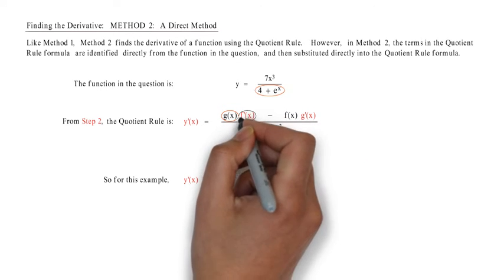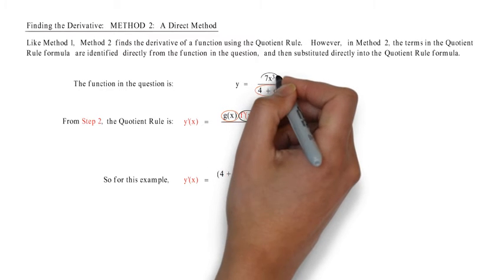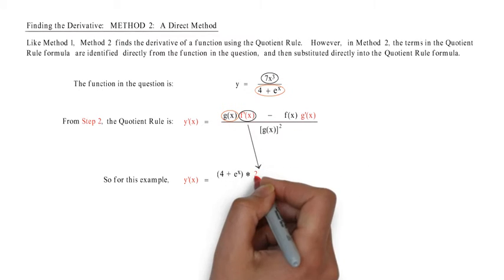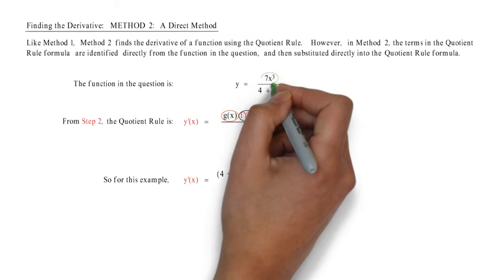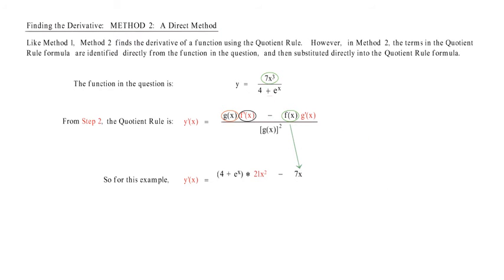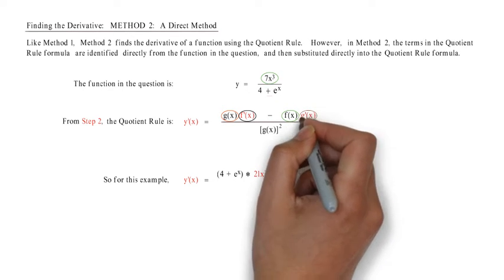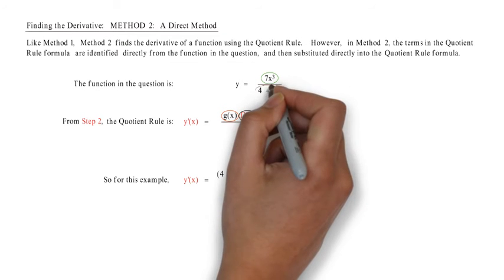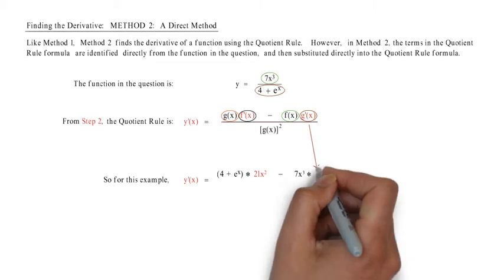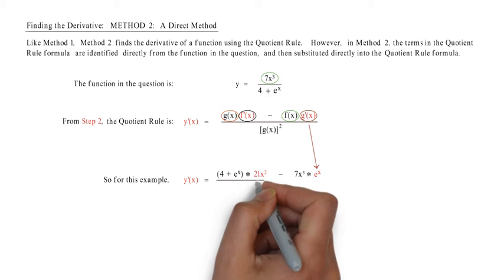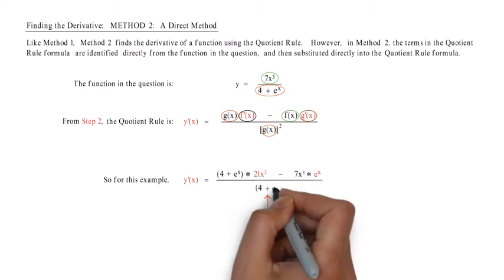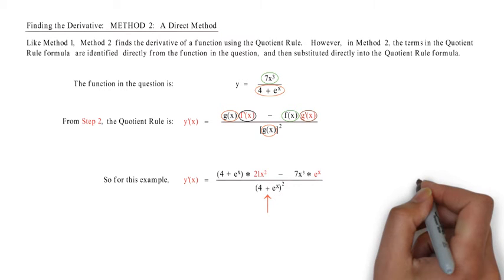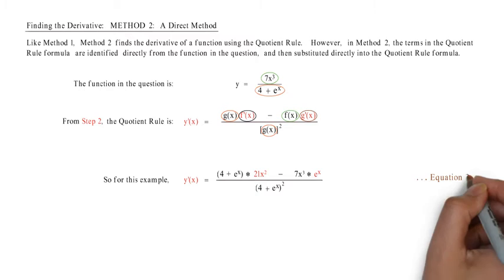Times f'(x), the derivative of 7x cubed, which is 21x squared, minus f(x), which is 7x cubed, times g'(x), the derivative of 4 plus e to the x, which is e to the x, divided by g(x), which is 4 plus e to the x again. Call this equation equation 2.